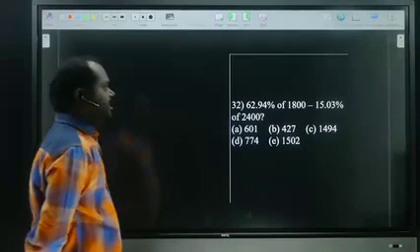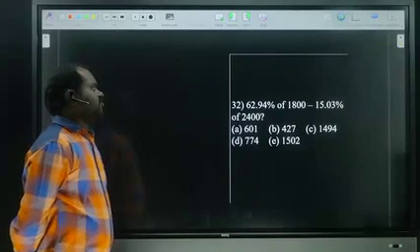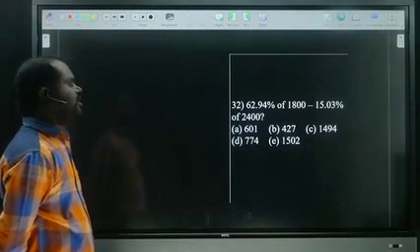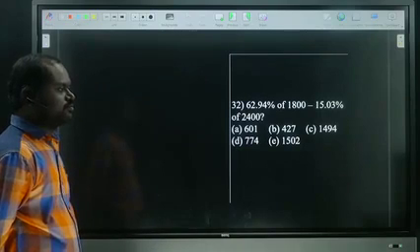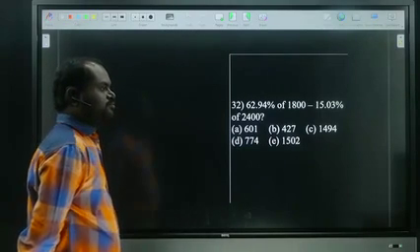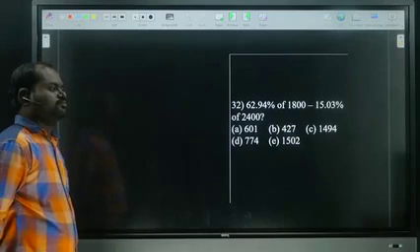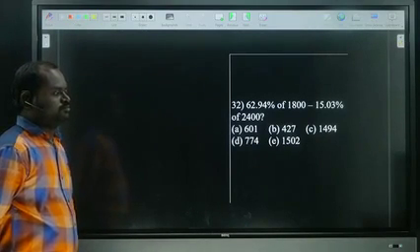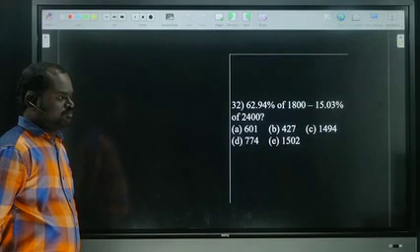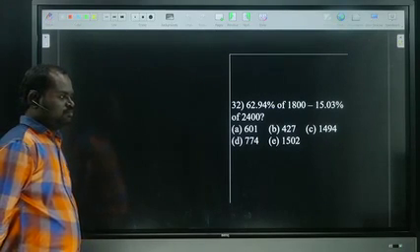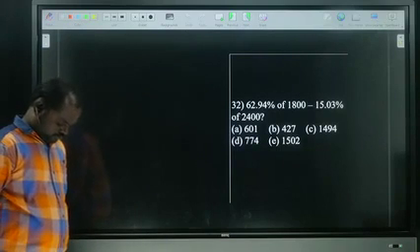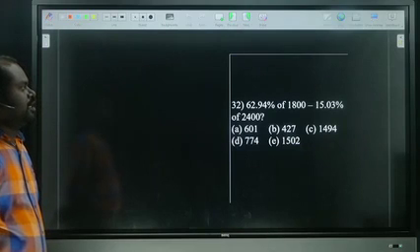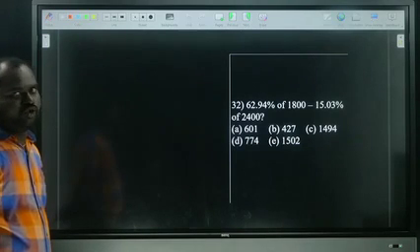Now try this. 62.94% of 1800 minus 15.03% of 2400. Here 'of' is nothing but multiplication.